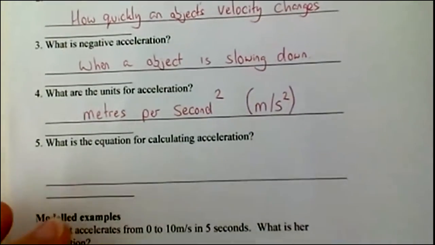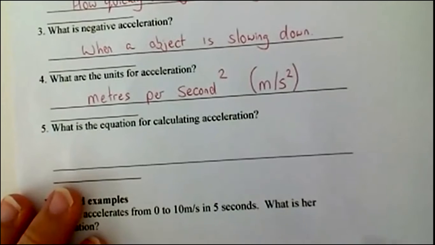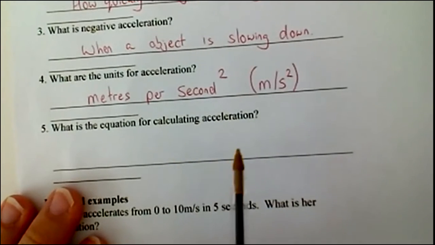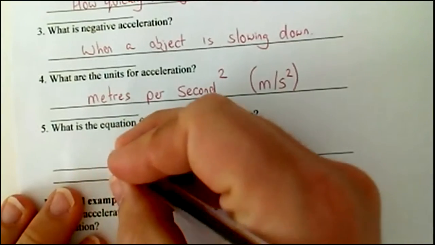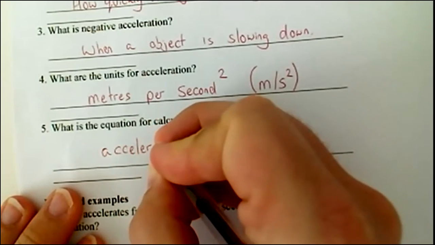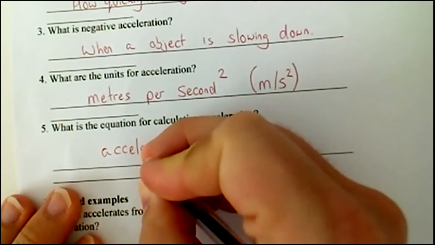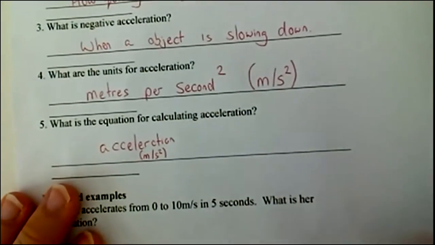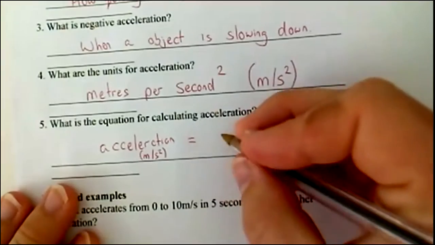So the final new bit of knowledge for you is the equation for calculating acceleration. Now again, it's a very maths heavy topic. Now acceleration, to calculate it, okay, now we know acceleration now has the units meters per second squared. And to calculate it, what we need to do is we need to know two things.